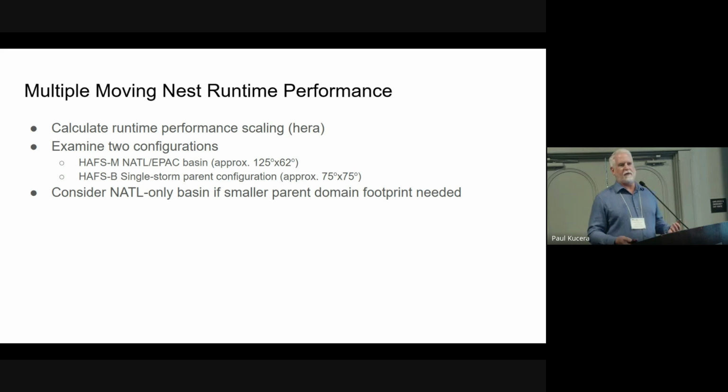The point of these is to demonstrate, number one, that the multiple nests scale very well, and then to start to look at how we could make trade-offs if we want to fit into a particular operational window, if we want to go somewhere in between these 2 sizes of a basin.